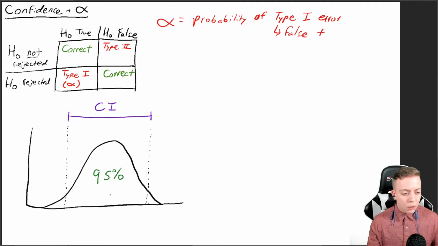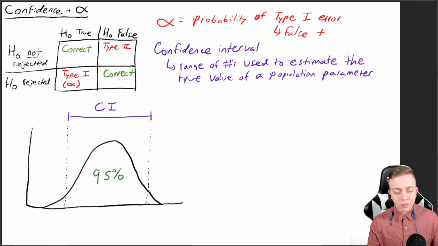And the area of the curve between these two boundaries happens to be roughly, my drawing is bad, I apologize, but imagine that my drawing was better and that the area between these two boundaries was 95% of the area of the curve. So these two boundaries, the space and the values between the two boundaries, are the confidence interval. This is a range of numbers that is used to estimate the true value of a population parameter.